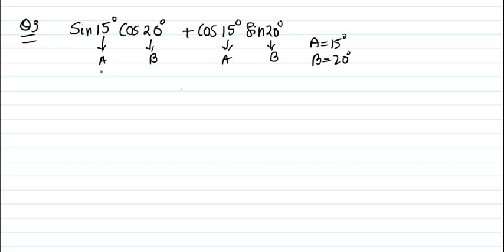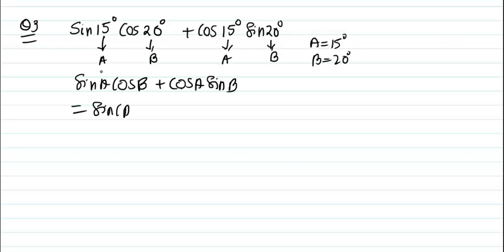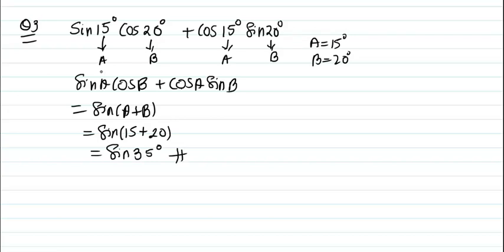So this is the formula of sine A cos B plus cos A sine B. This is the formula of sine A plus B, right? And what is the A value? And what is the B value? 20. So sine 15 plus 20 is what? Sine 35 degrees. Okay, this is your answer.